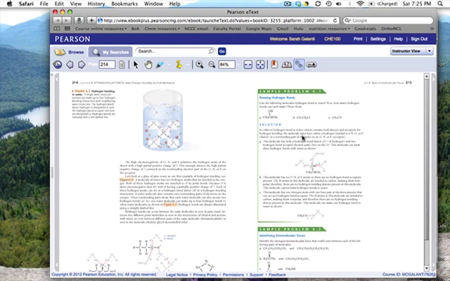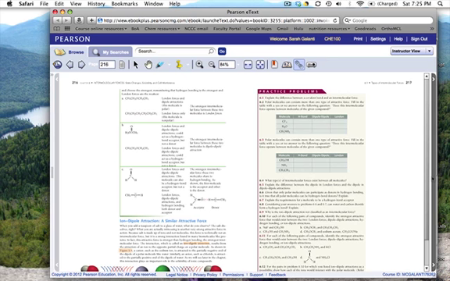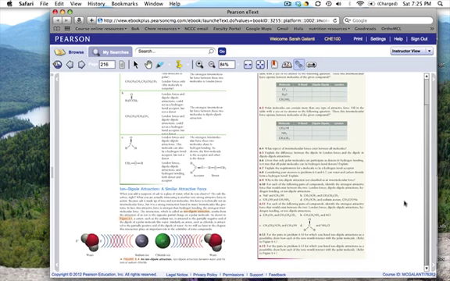Drawing hydrogen bonds is a really good sample problem here, and any practice problems that are like that. I'm looking for some. I'm not seeing any here where they ask you to draw the hydrogen bonds, but make sure you know how to draw hydrogen bonds. Identify hydrogen bond acceptors and hydrogen bond donors, and draw hydrogen bonds.